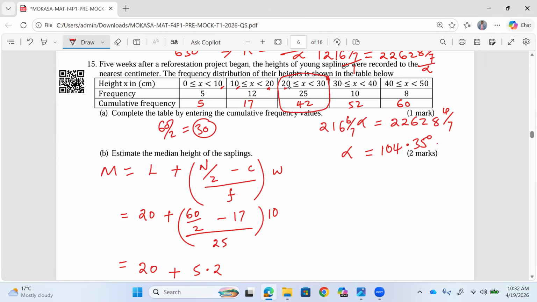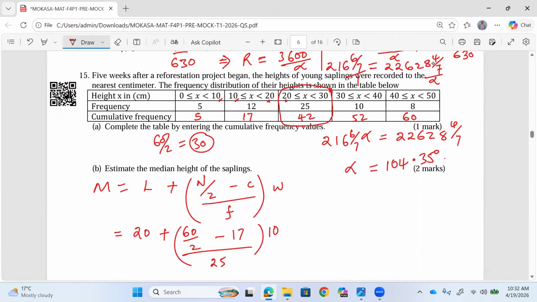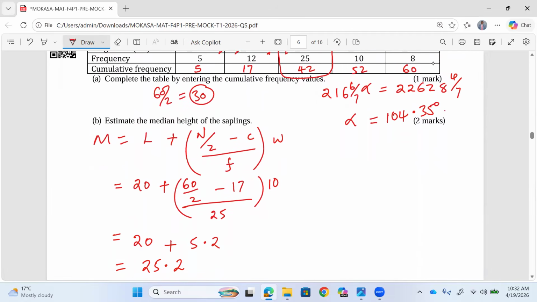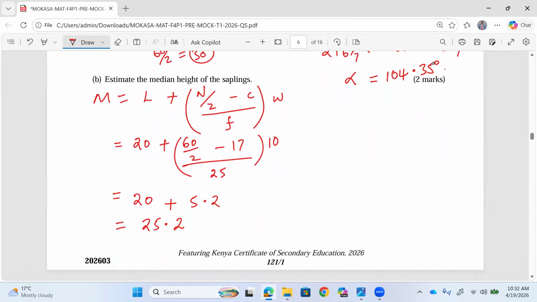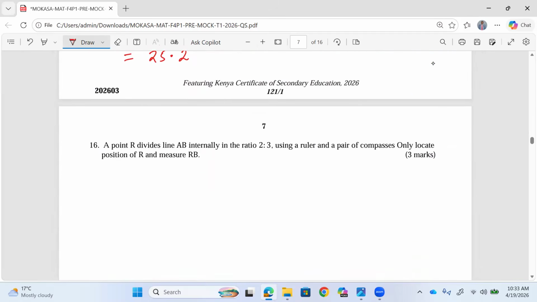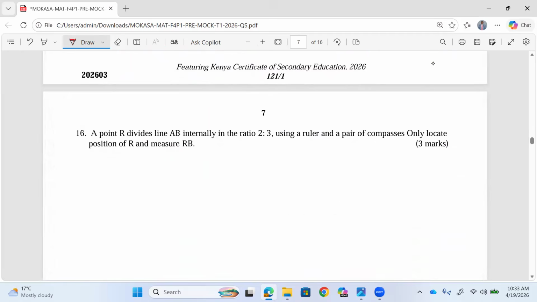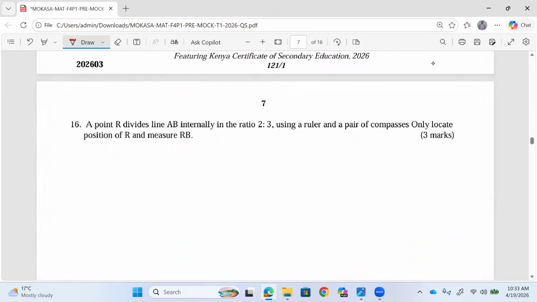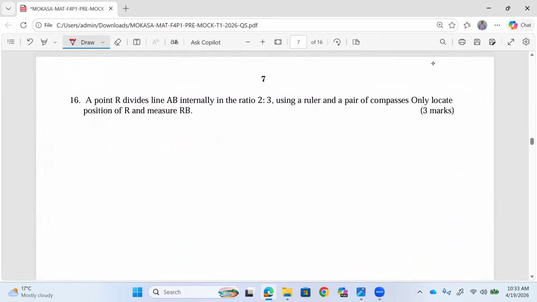But generally, with continuous data, the limits are also the boundaries, not like in the discrete, whereby you find a class ending with 9, and the other one starts with 10. So you pick 10 plus 9 and divide by 2, you get 9.5. In this case, the limits are also the boundaries.